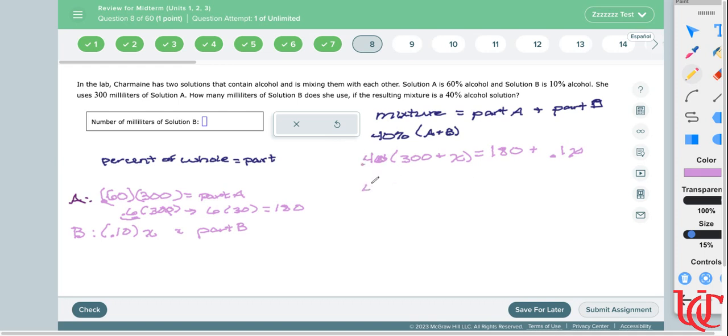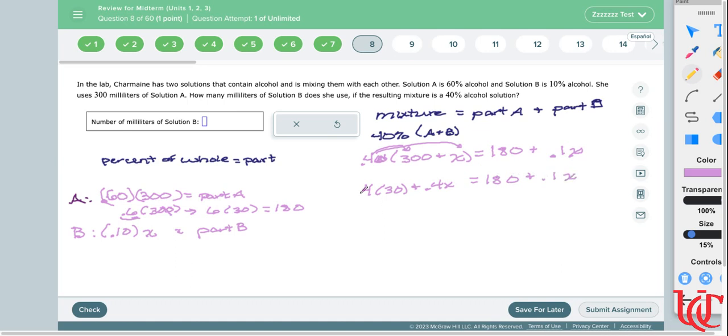This is the same thing as 4 times 30 plus 0.4x equals 180 plus 0.1x.